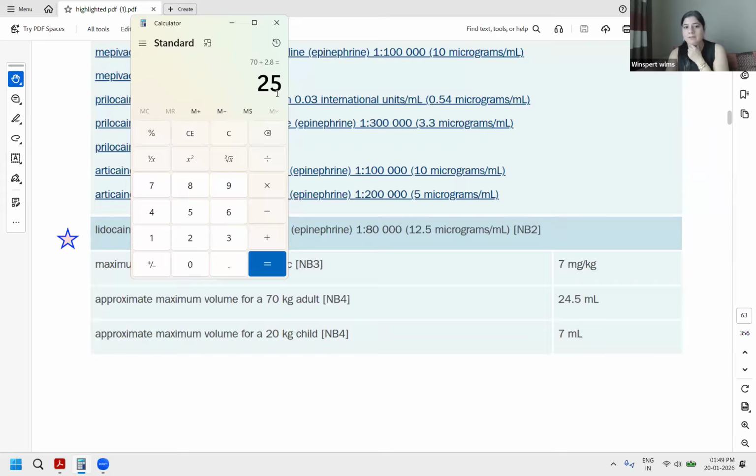So ml will come 25, right? And then for a 70 kg man, divide for the cartridges by 6.3. Comes 11. Works like magic. Okay, that's why the magic number.